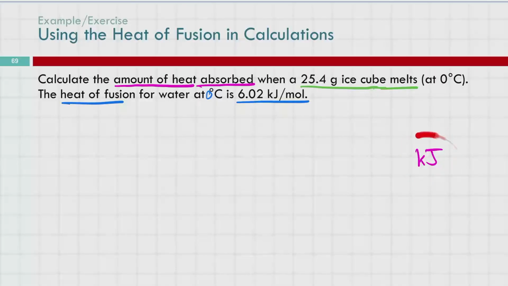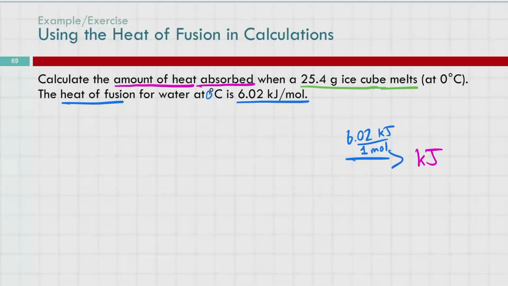Do we have something that we can use to convert to kilojoules? The 6.02 kilojoules per mole. It's got kilojoules in there. It's got another unit in there that makes it a conversion factor. They're on opposite sides. So we could get to kilojoules using our 6.02 kilojoules per mole. We write the 1 mole part on the bottom. That makes it even more clear that it's a conversion factor.